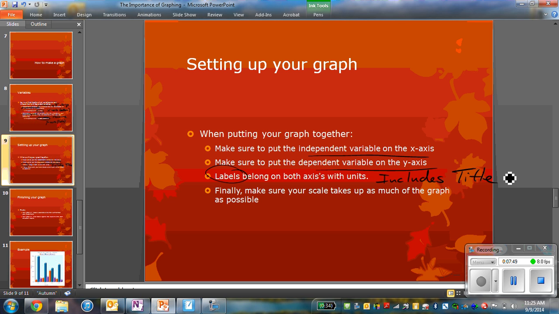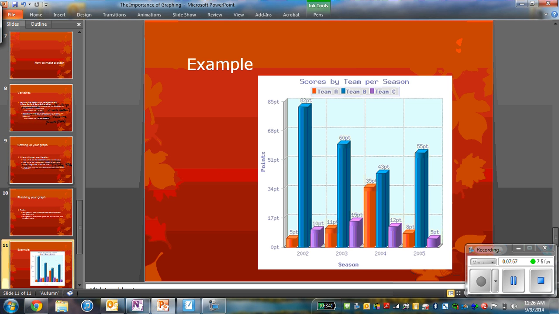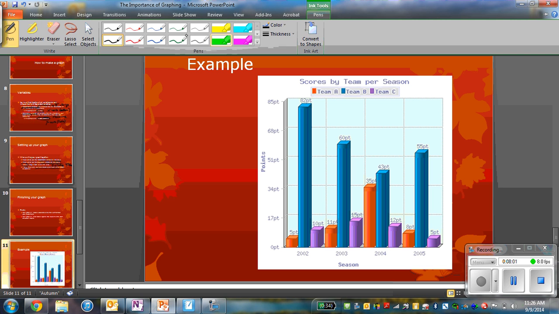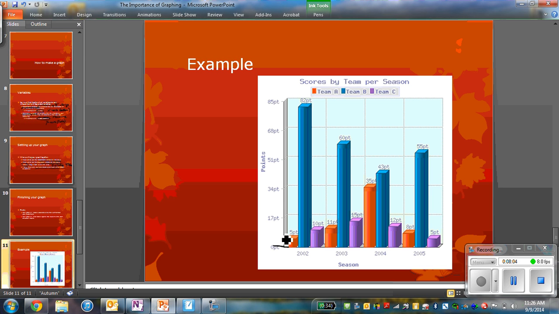All right, and then finally, we're going to work on doing this on Wednesday, but you have to make sure your scale is appropriate. What I mean by that is, if we go to this example here, you have to make sure that the spaces in between each spacing in your graph are even. You notice down here every space is 1 year. Up here going up, it looks like every space is about 17 points.